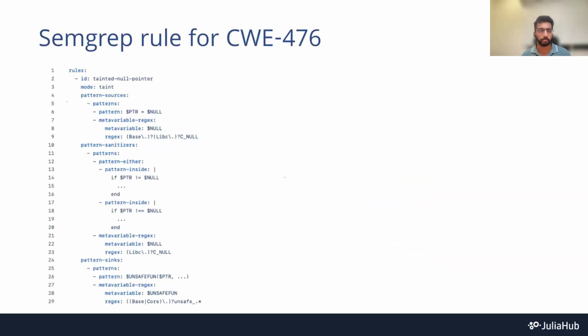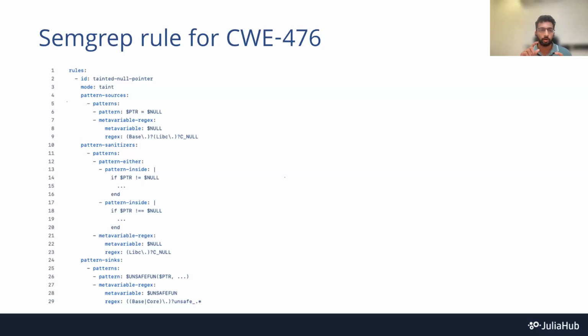So here is a part of the Semgrep rule. The important point is that this is split into three parts. First is pattern sources, where we specify how to identify the input sources where this vulnerable CWE could originate from.